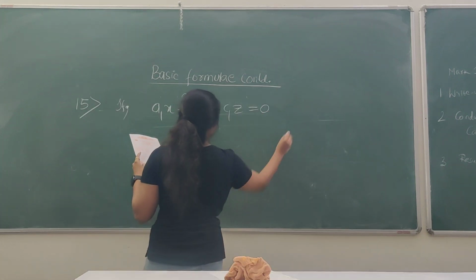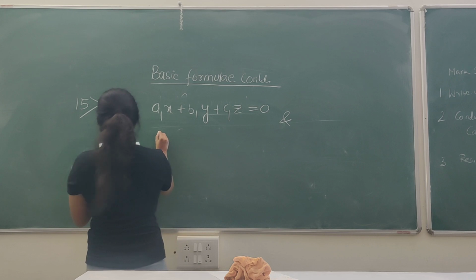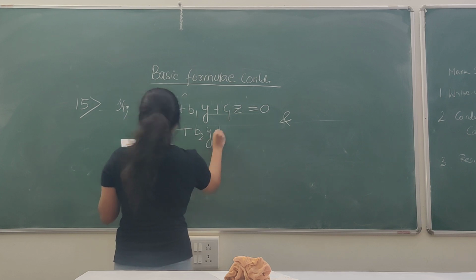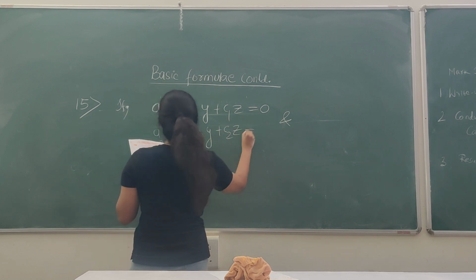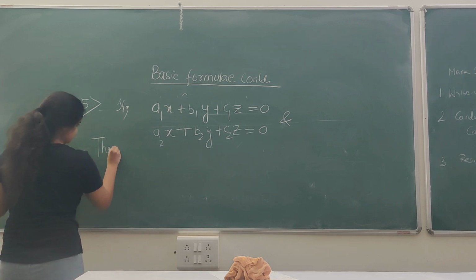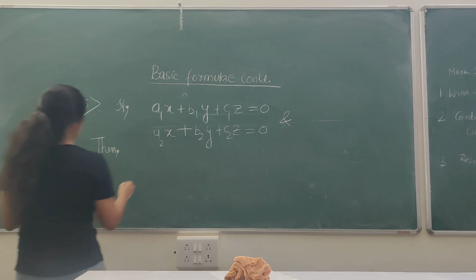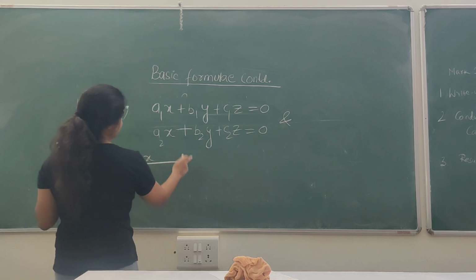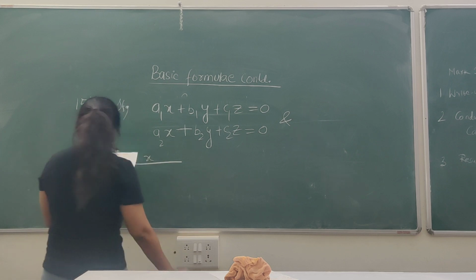If a1 x plus b1 y plus c1 equal to 0 and a2 x plus b2 y plus c2 equals 0, then can we directly get values of variables? Yes, you can, sir. How? Follow this. We call it cross multiplication method. You have to just cross multiply and then subtract.